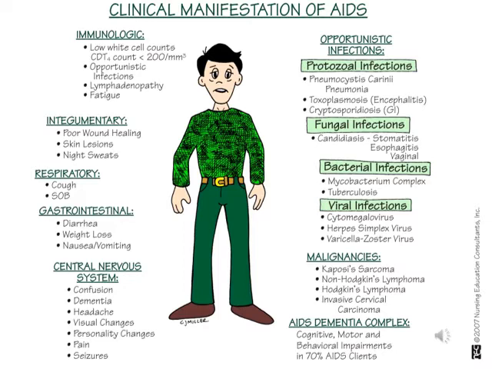On the right side, you'll see the opportunistic infections that are very important to understand, that are more likely to happen with somebody with AIDS. So yeast infections, the fungal infections listed there, bacterial infections, other viral infections like herpes and varicella zoster, and then malignancies and cancers associated with AIDS, in particular Kaposi sarcoma and other lymphomas.